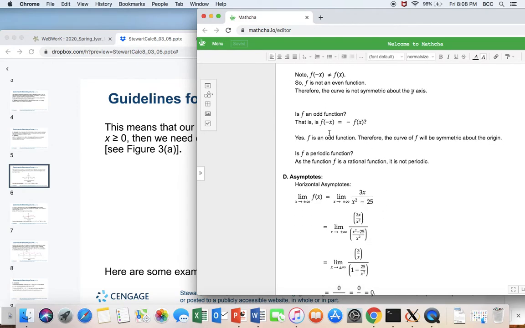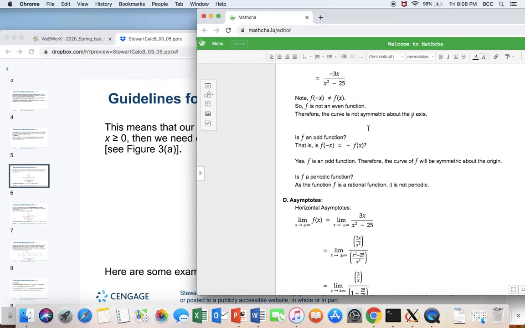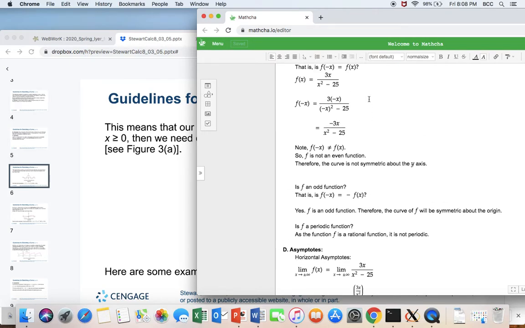Next question. Is f an odd function? That is, f of negative x equals negative f of x? Wait a minute, we just calculated. f(x) is this. f of negative x is this. Look, when you have a negative above and positive below, it's an overall negative of the same expression. You understand?